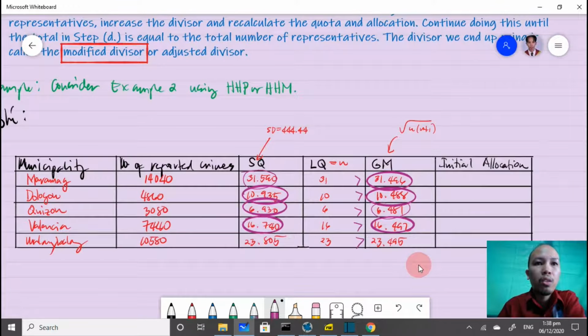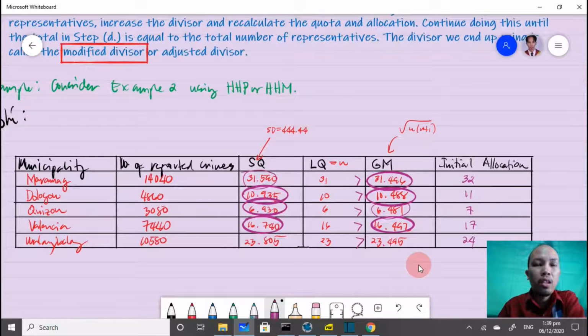So you are going to round up: 32, 11, 7, 17, and 24.